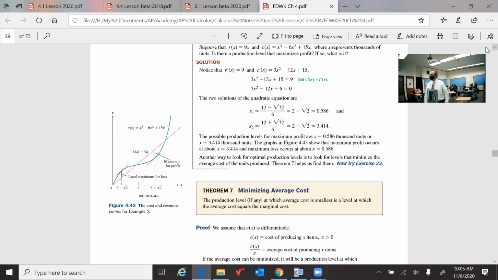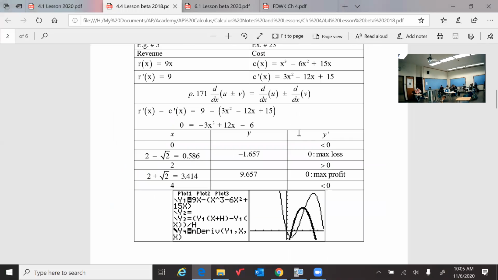So, how do we do this? We say, here's revenue, here's cost. Here's the derivative of revenue, the derivative of cost. Subtract them and set it equal to 0.